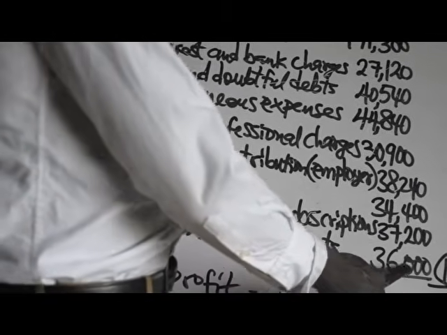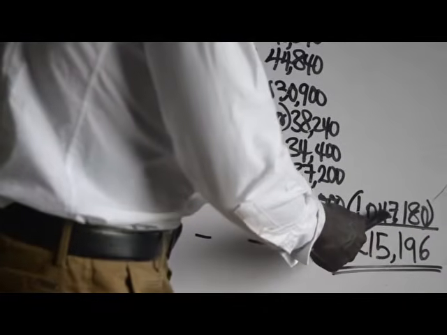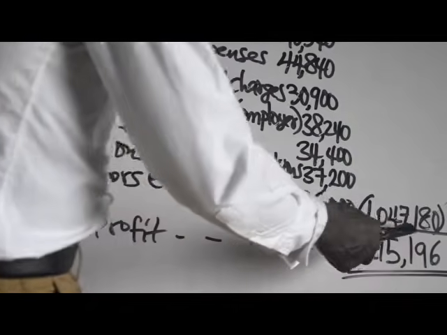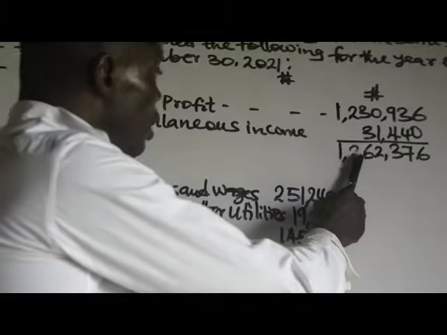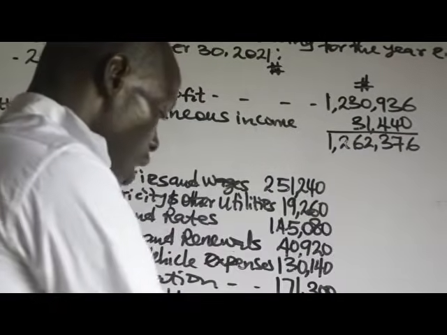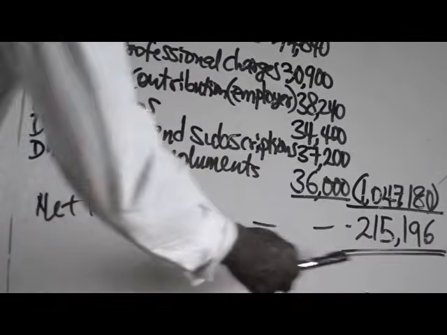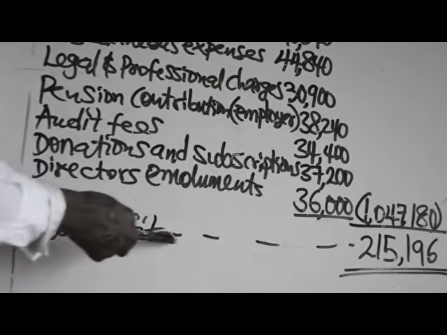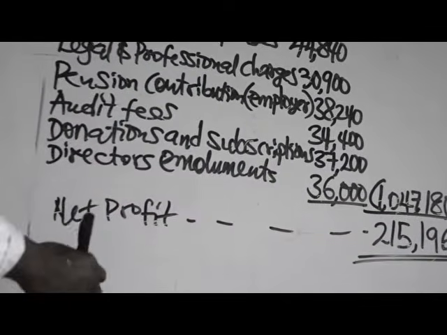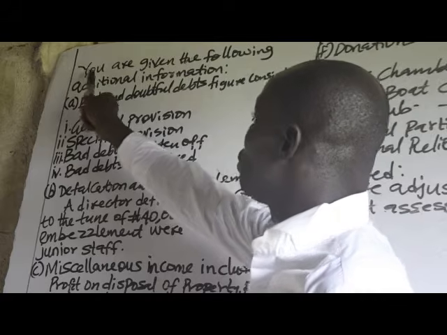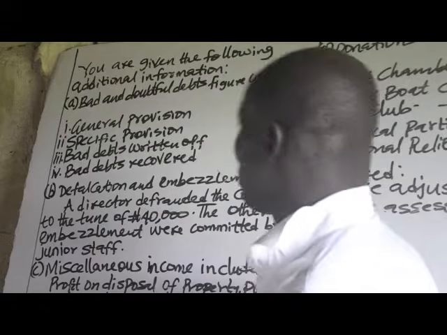The total of all the expenses is 1,047,180. After all the expenses have been deducted from the income of 1,262,376, we have the net profit to be 215,196. Now, you are given the following additional information.